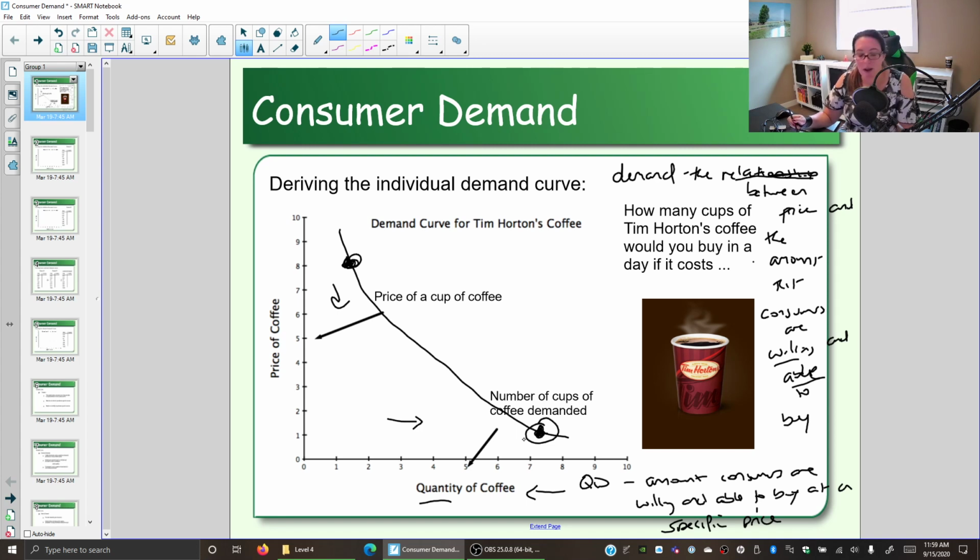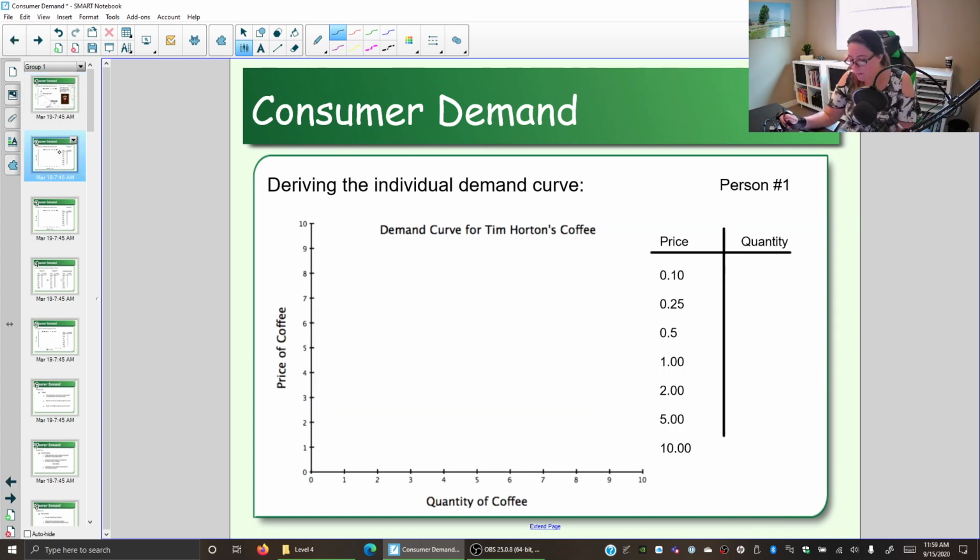One way to derive the demand curve is to simply take an individual and ask them how much they would be willing, so how much they like it, and able, how much can they afford of a particular good. So here we have Tim Hortons coffee. So we could ask somebody how much they would be willing to and able to buy if Tim Hortons coffee was, say, $1. So if Tim Hortons coffee was $1 and the quantity was 5, we would put a dot there.